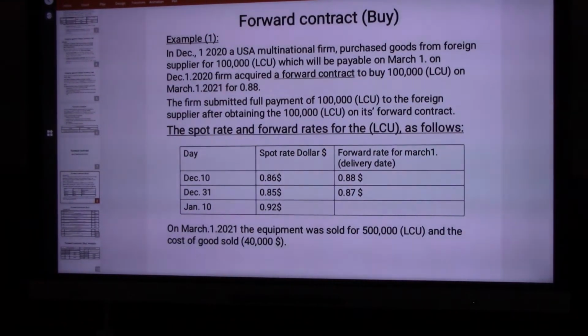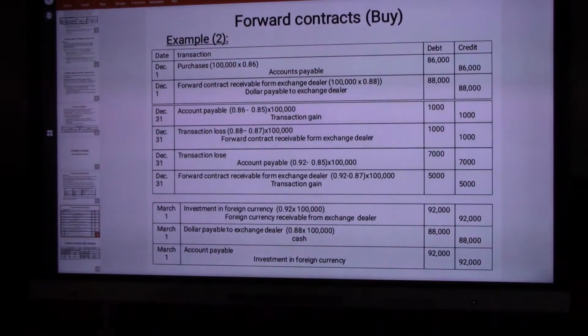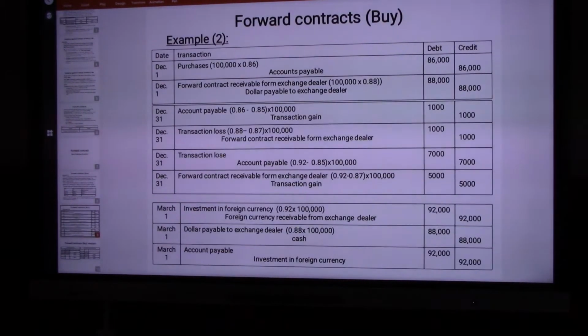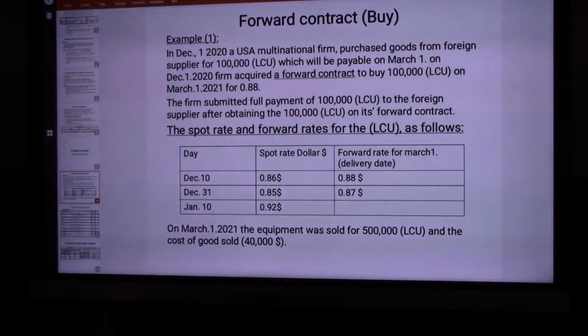To determine the transaction gain or transaction loss when I record the journal, also for December 31: did the payable increase or decrease? The payable, or the rate, increased, and since I'm talking about a payable, I will pay more, so I have a transaction loss. So the journal entry will be from transaction loss to accounts payable. The loss is achieved by the firm. Same for the forward contract: I compare the forward contract rate with the spot rate recorded on March 1st. I was expected to receive 0.87 but it increased to 0.92.